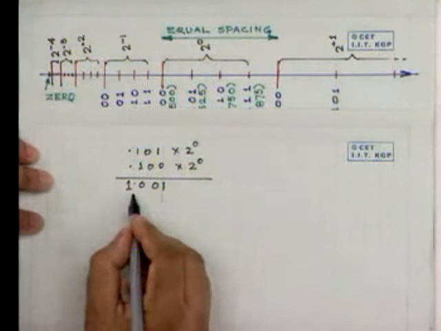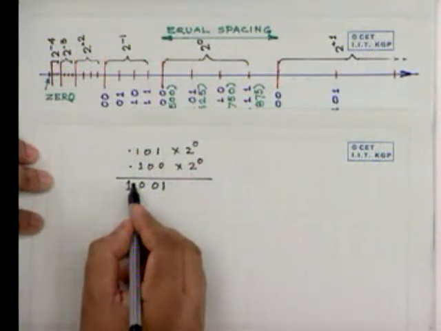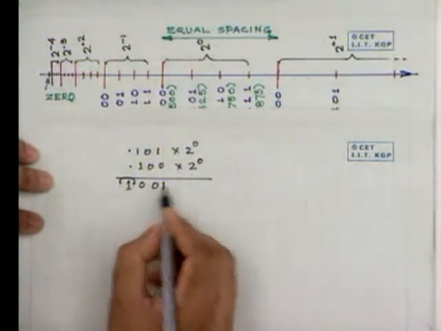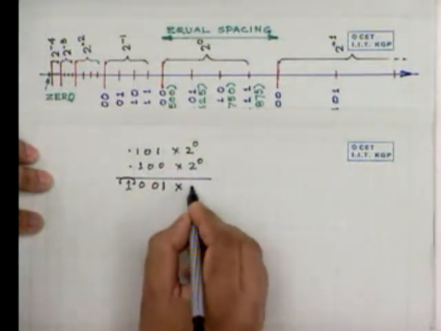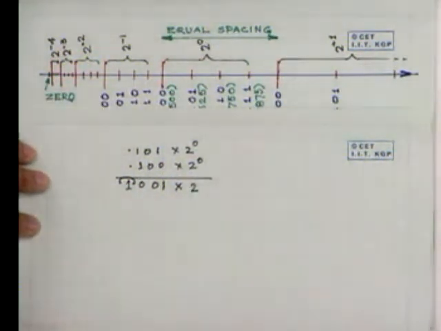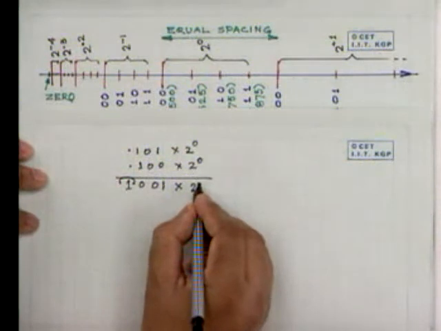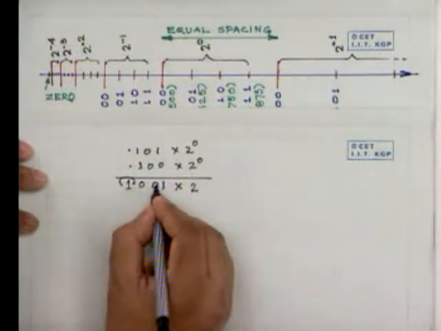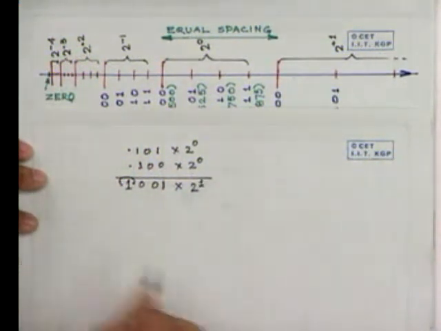Which essentially means that if we want to represent it, the binary point should move over to here, and we immediately have a number which is 0.100 into 2 to the power 1, right?